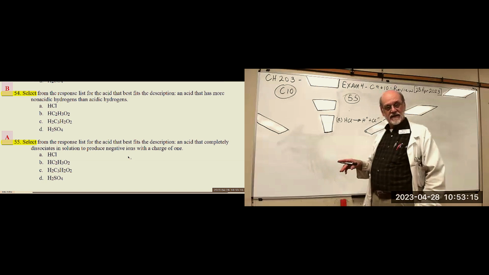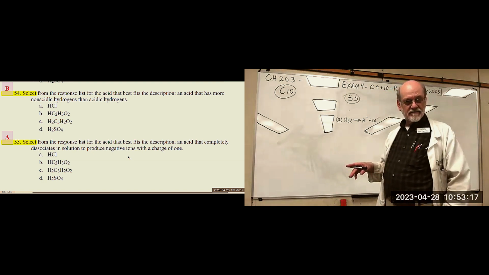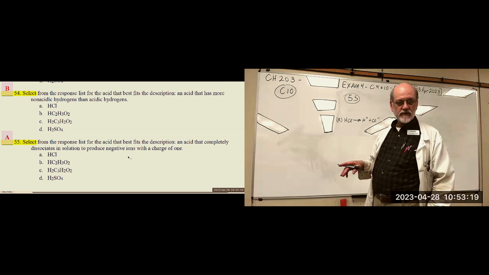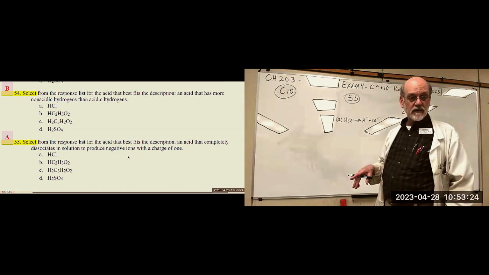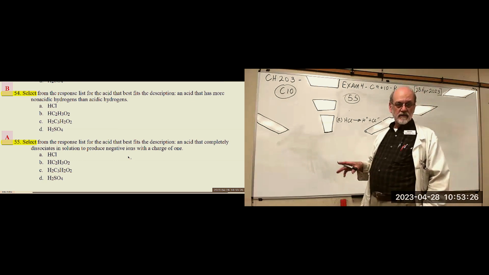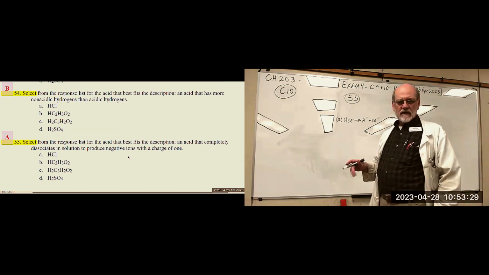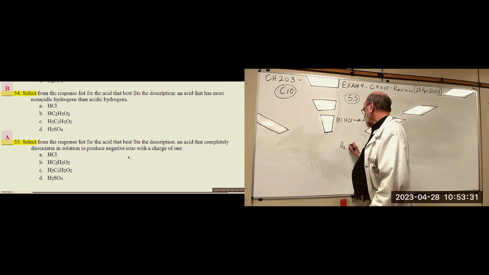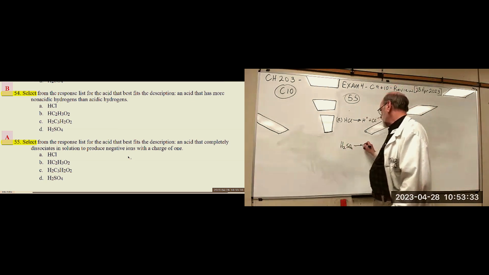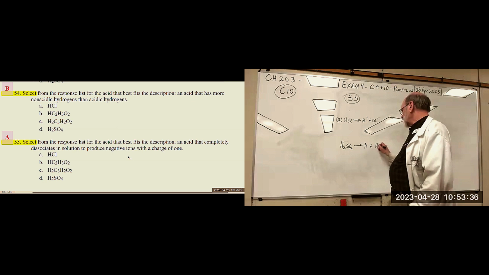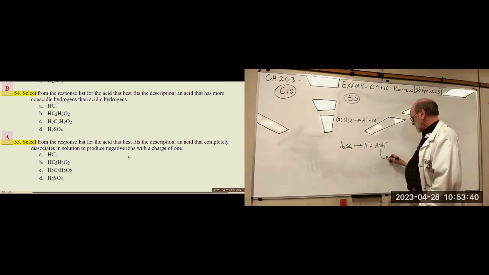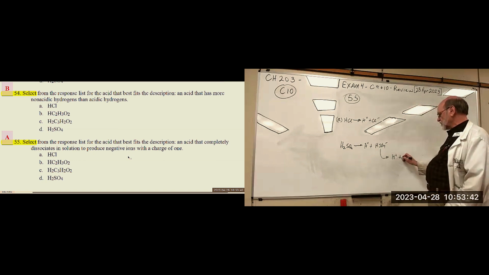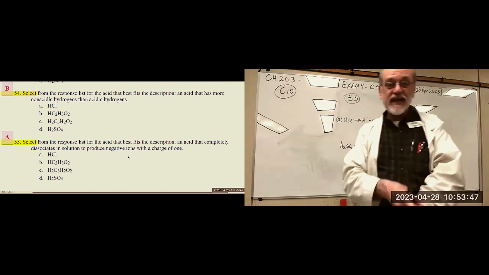And D dissociates in a solution to produce negative ions with a charge of 1. Well, H2SO4 produces this one plus this one, which would be technically correct. But then this one also dissociates to this one and this one. Right, so it produces both, and the best answer would be A.